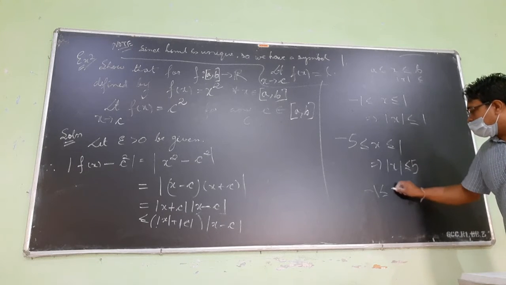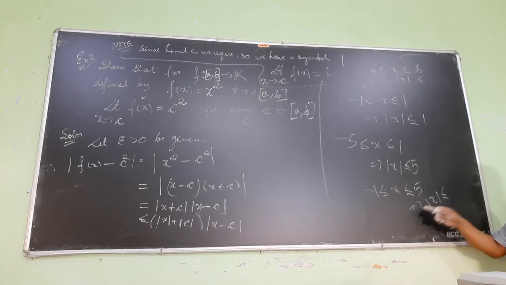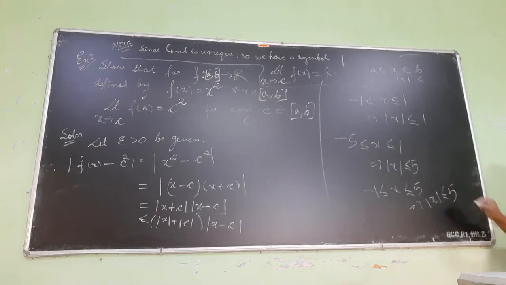Minus 1 less than or equal to x less than or equal to 5. Now mod x is less than or equal to 5 again. So when a less than x less than b, mod x is less than or equal to what?